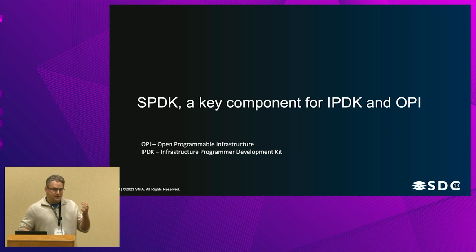So these are how these pieces layer together, SPDK being the core, IPDK being an implementation of a broader solution, and OPI being that focus on consistency across different vendors and implementations.